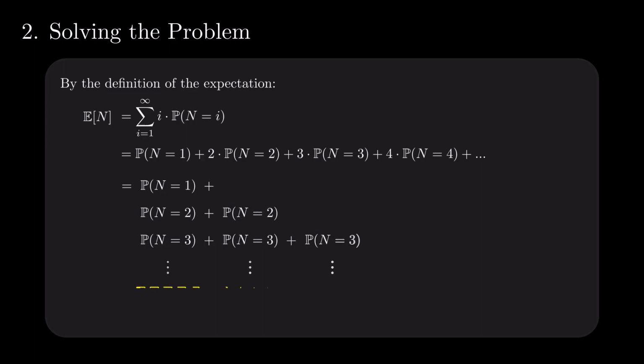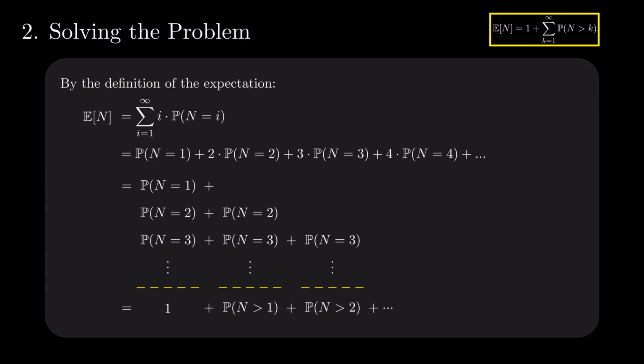The preceding sums, excluding the first, which is equal to 1, are respectively equal to the probability that n is greater than k for each k between 1 and infinity. Are these probabilities easier to compute than the ones we have been avoiding? Truthfully, this does not appear to be the case, but you will see how we get out of this situation.